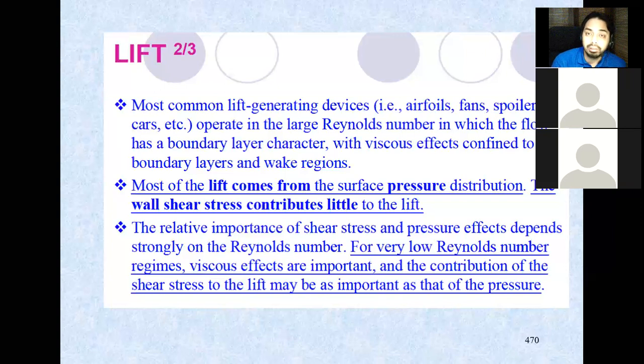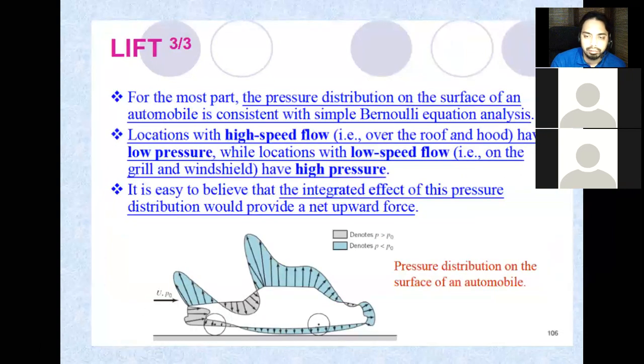That is the Bernoulli equation: high pressure, low velocity; low pressure, high velocity. So this is the pressure distribution on the surface of an automobile. The black is high pressure, and the blue is low pressure.